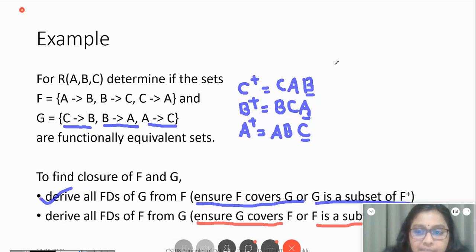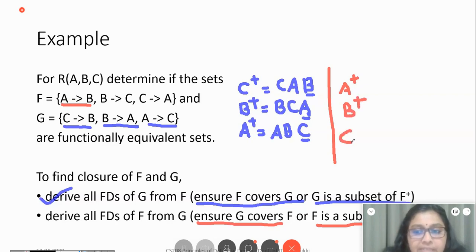Let's see. So here, what we do, we take each FD in set F and find their attribute closures. So I have attribute closure of A, attribute closure of B, and attribute closure of C, isn't it? Yeah. So attribute closure of A, A is a member.